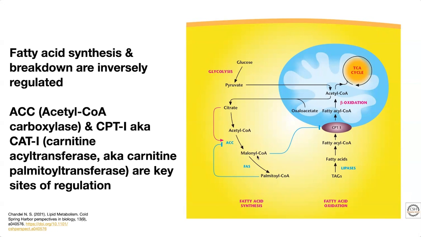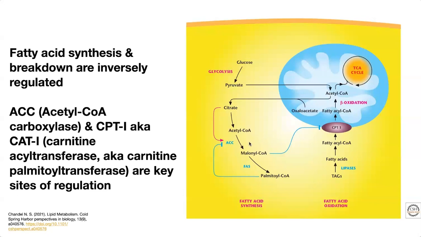We can have malonyl-CoA negatively regulate CAT1 or CPT1, the enzyme that takes that fatty acyl-CoA and hooks it onto carnitine to get it into the mitochondria. Rather than taking these groups into the mitochondria, we want to stop that, and so malonyl-CoA is going to inhibit CPT1.